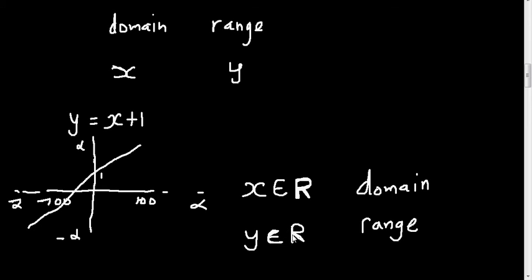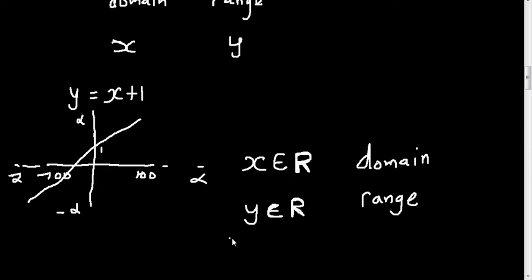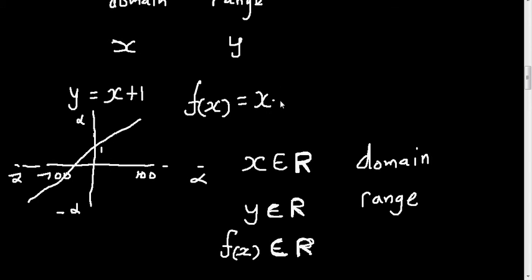I've got to write an R and shade it in a bit. There's another way of writing the range, a bit more fancy. You say f of x. When you talk about f of x, you're talking about the y coordinates includes all the real numbers. Because now we're trying to stop writing it in this form, we're going to start writing it like this: f of x is equal to x plus 1.